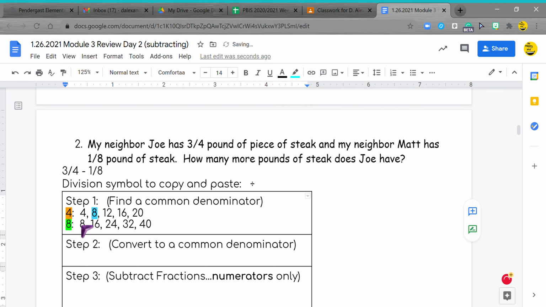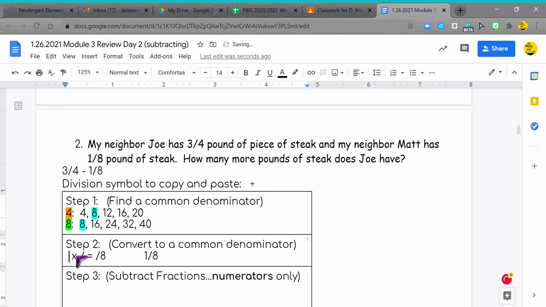One of our fractions already has the 8 in it, so it should be easy. We only have to convert one fraction. So I have 3/4 times some number equals some number over 8. I'm going to set my next one up. I have 1/8. So this one I don't have to touch because it's already there.